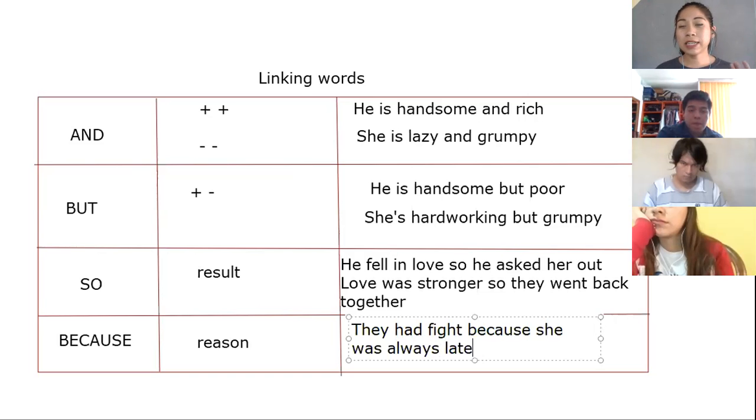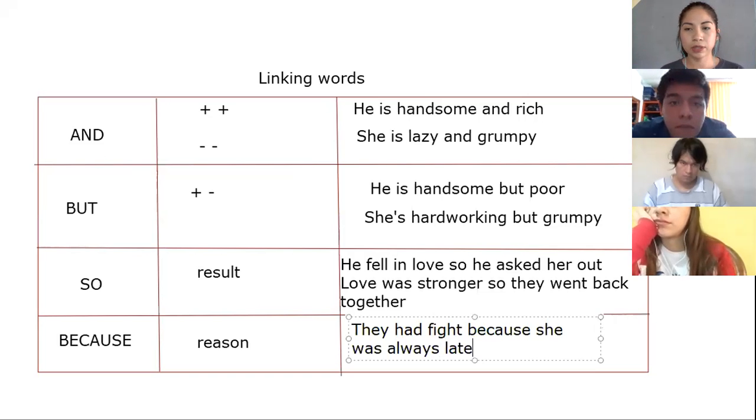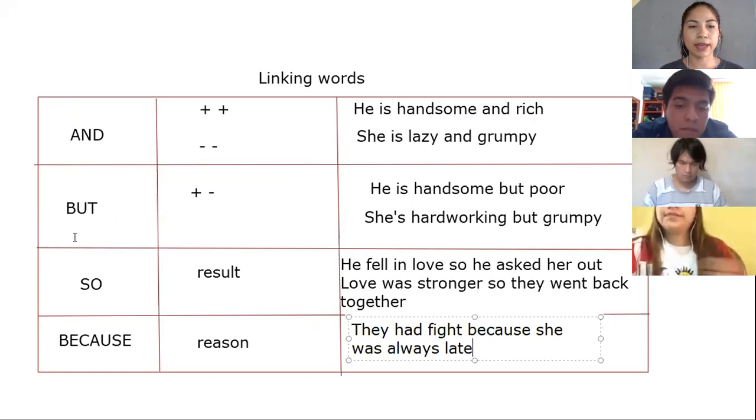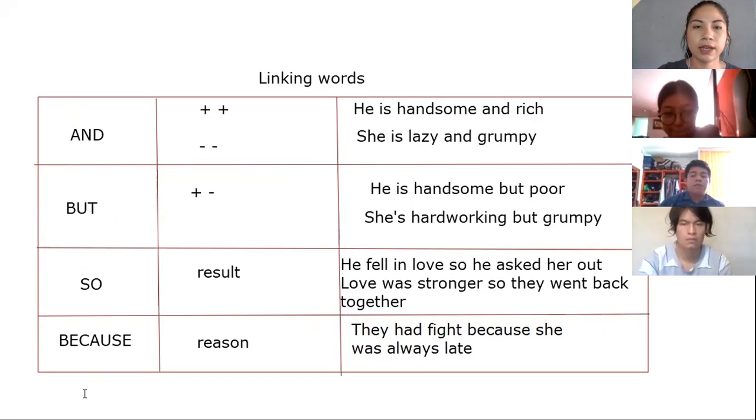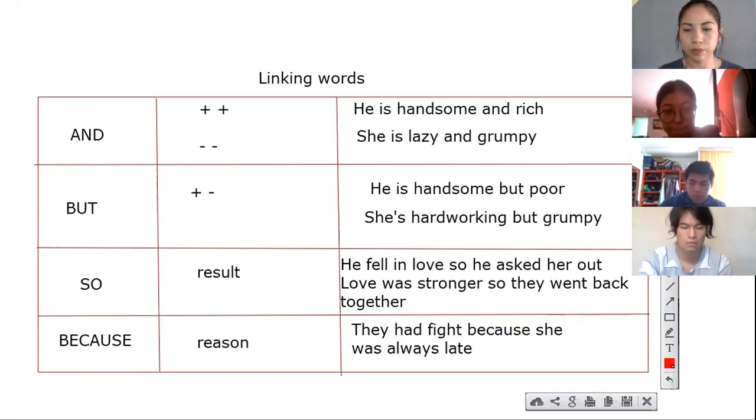Como ella siempre llegaba tarde, se pelearon, ¿ok? Because, después de because, esperamos la causa o la razón. ¿Hasta aquí alguna duda? ¿Sí conocen and, but, so, and because? Yes. Okay. Yes. Thank you. I'm going to pause this.